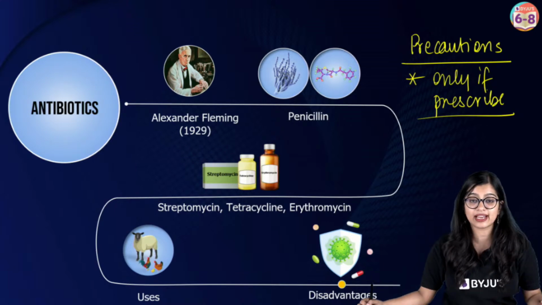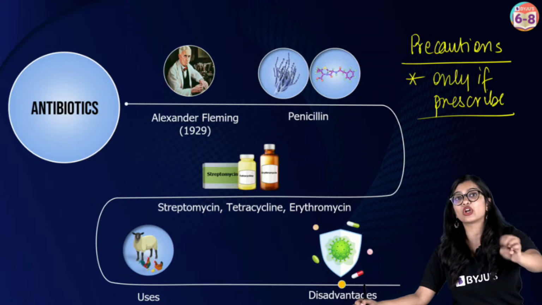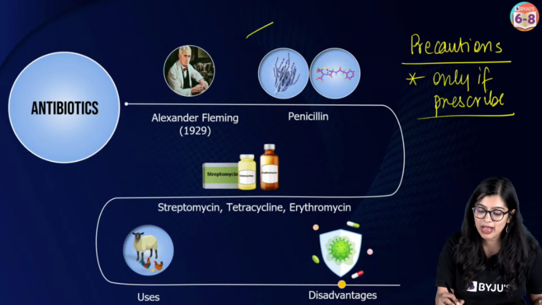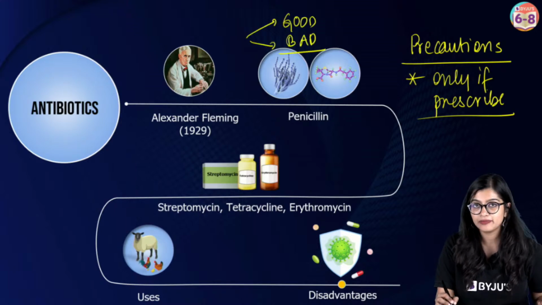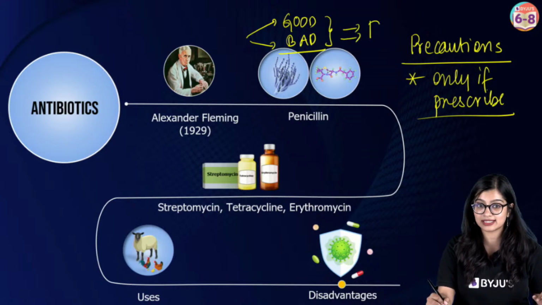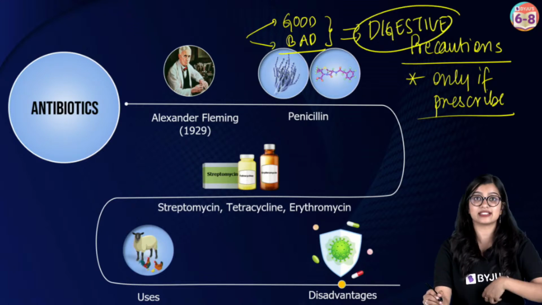Why should we take it with the doctor's suggestion? Because antibiotics have an impact on the growth of microorganisms, but they are chemical substances. They don't know if a microorganism is good or bad, right? Now there are various microorganisms present in our digestive tract also, right? There are various organisms present in our digestive system.